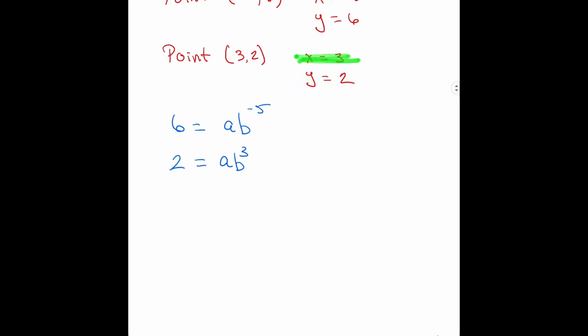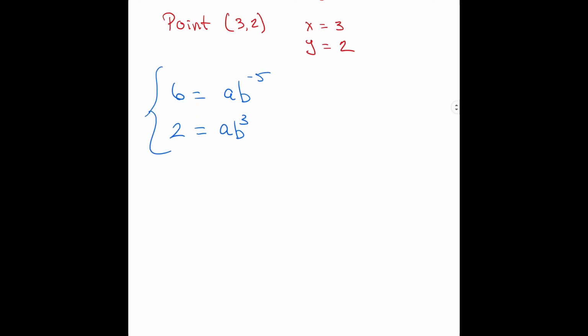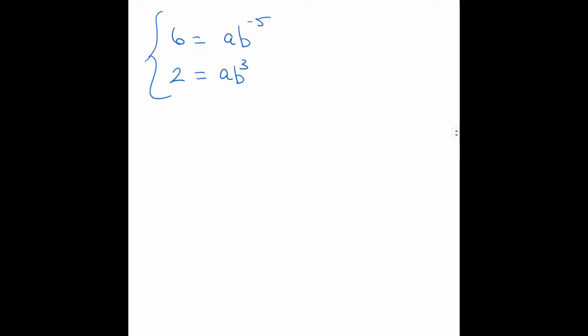Now I have this system of two exponential equations, and there are lots of ways that I could solve that. One of the ways I'm going to do that is to solve each of them for a and see what I get.